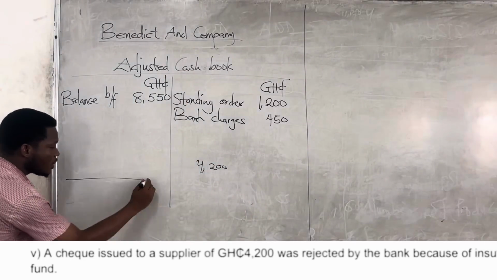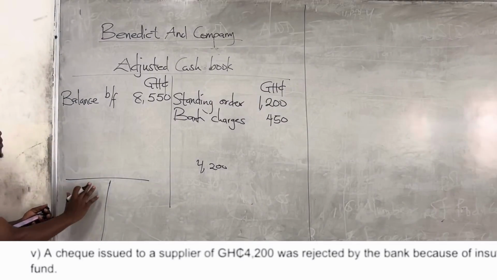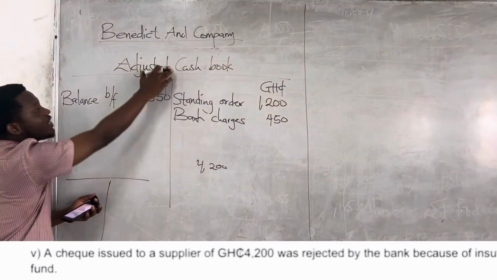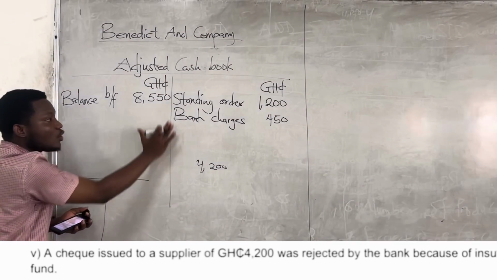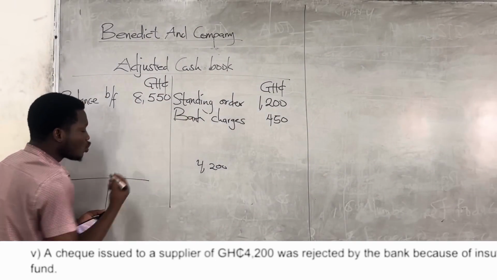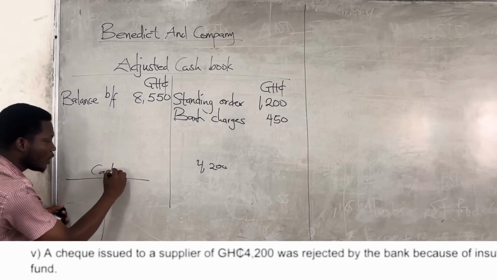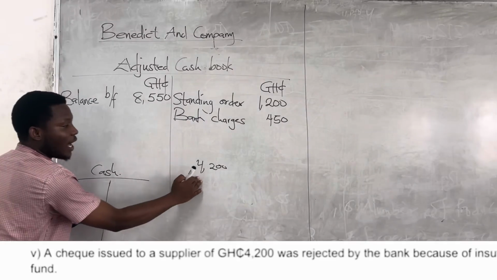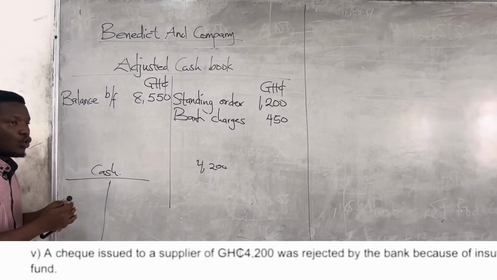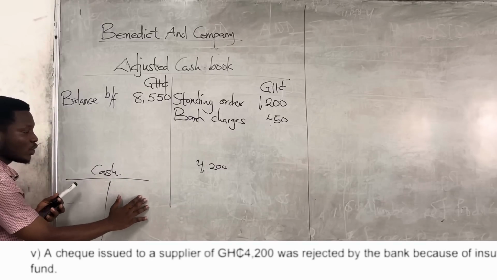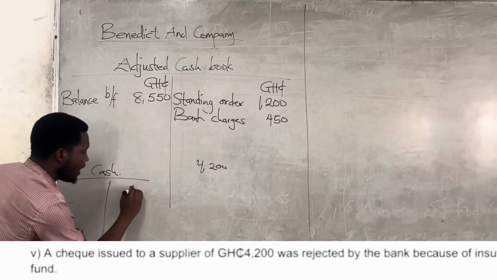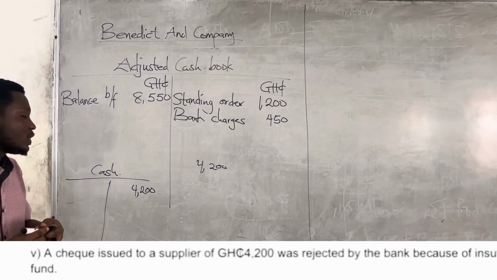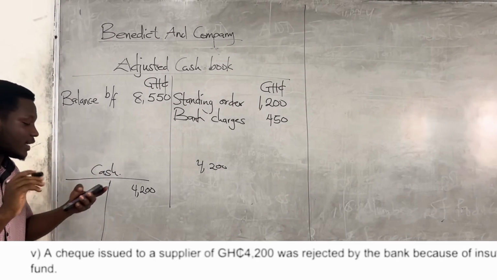In our original cash book, which we are adjusting since it didn't tally with the bank reconciliation statement, we are correcting all the errors that we have made. So you have paid your suppliers an amount of 4,200, which means it will be at the credit side of your cash book. We paid our suppliers. They supplied us goods and we have paid this amount to them. So we have settled it.